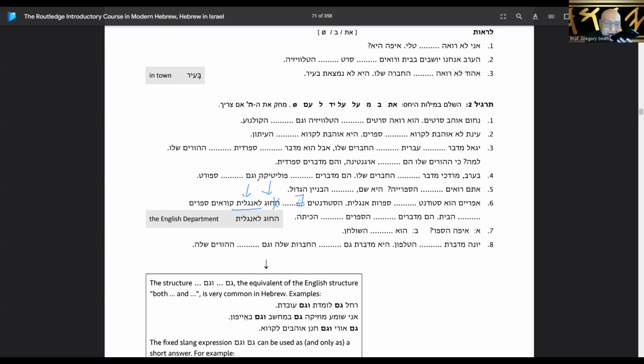Hastudentim bahug le'anglit korim sfarim. הסטודנטים בחוג לאנגלית קוראים ספרים. Yeah, the students in the English department. Okay, so class is technically a different word, but this is department. The English department, korim sfarim. So I'm going to see, we should have nothing here and then a bet.